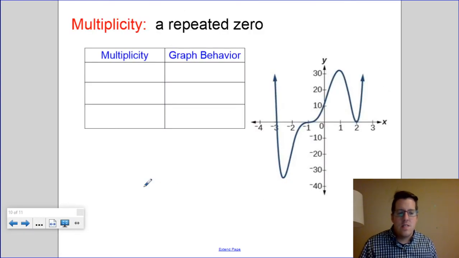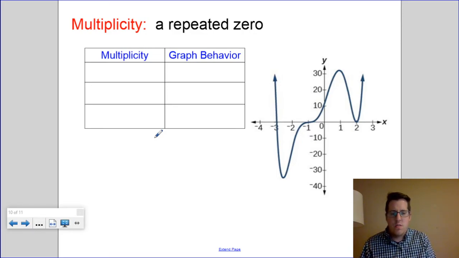Now that 0 that was repeated is said to have what's called multiplicity of 2. It counts twice. The factor appears twice when you multiply, but you don't really need to say the 0 multiple times.